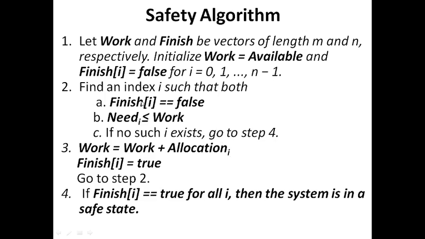Try to find one more process whose finish is false and its need is less than or equal to work. If this loop is able to go to each and every process and complete all of them, what will happen at the end of it? The need will be 0 for all the processes and the work will be equivalent to the total available.